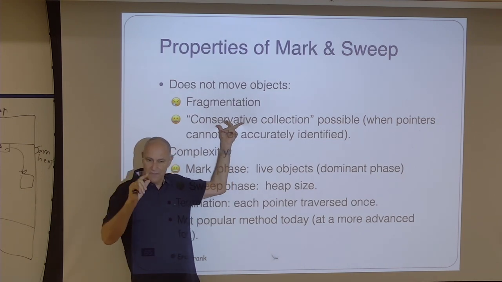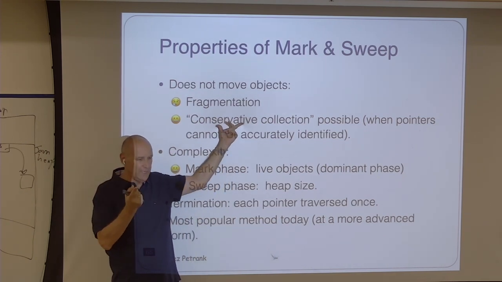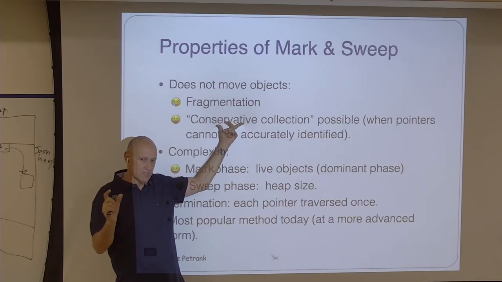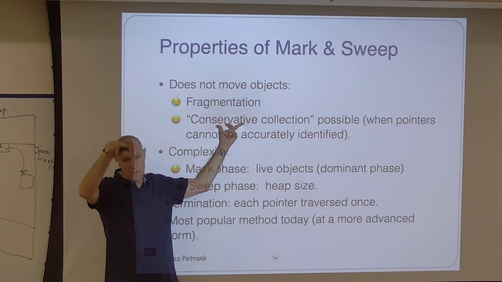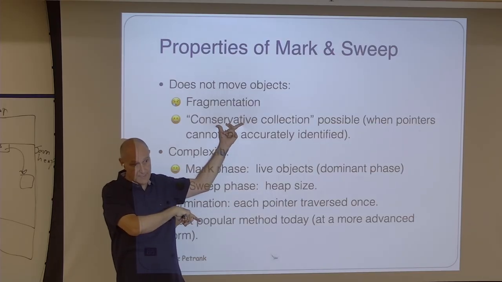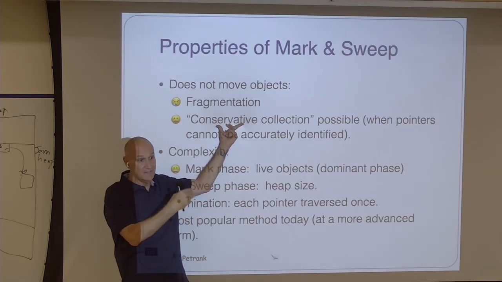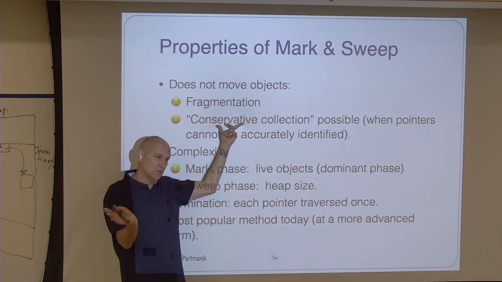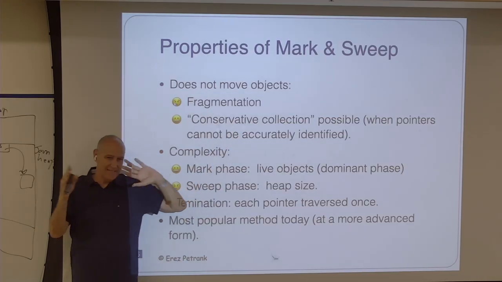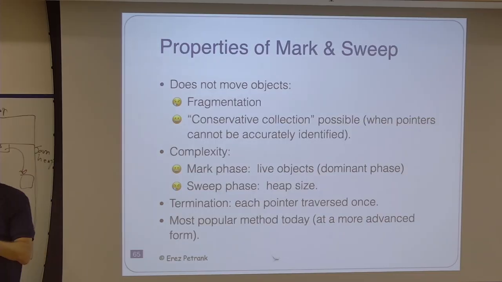But if you wanted to do copying collection that moves objects or compaction that moves objects, you have to change this pointer to point to the target address of where you move the object, and then you have to know if it's a pointer or not.